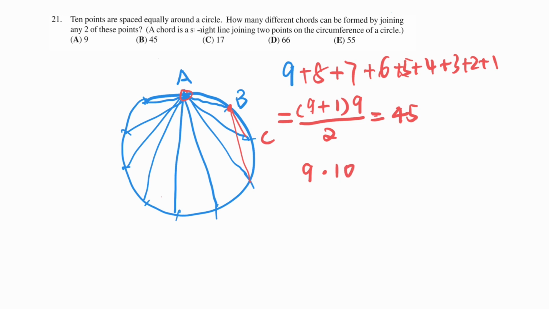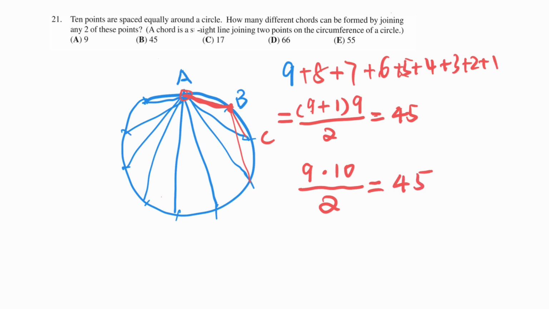But with 9 times 10 we have overcounting. A connecting to B is from A, that's the 9 chords. From B, the 9 chords include B to A, so we have overcounting. Each chord is counted twice, so we divide by 2. That gives us 45.